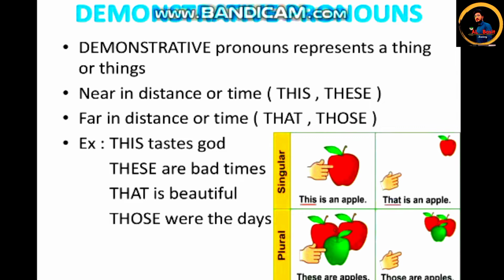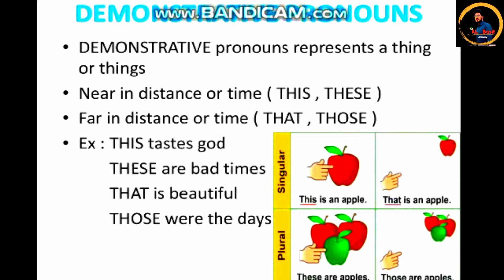This and that we use for the singular case. In the plural case we use these are apples, which means that we have a lot of apples and they are near, and we use these. Those are apples means that the apples are far, and we use those.